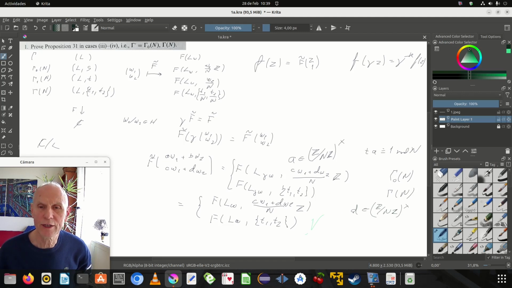You just find the inverse in this group and multiply it by that, then you get the original one. So that shows invariance of f tilde.